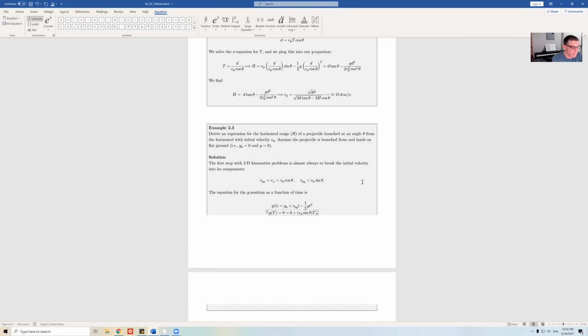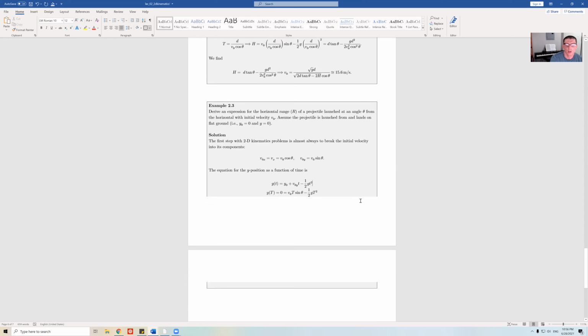We just have to make sure we write big T now instead of little t, because little t is a variable and big T is a number. And then we write minus 1/2 g big T squared. I will clean this up in the same line, get rid of this 0, and rewrite this in a different order. Okay, so this is our y equation.